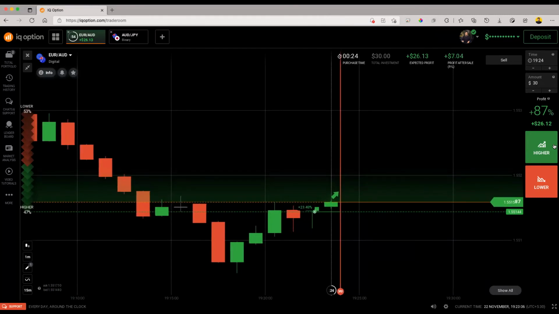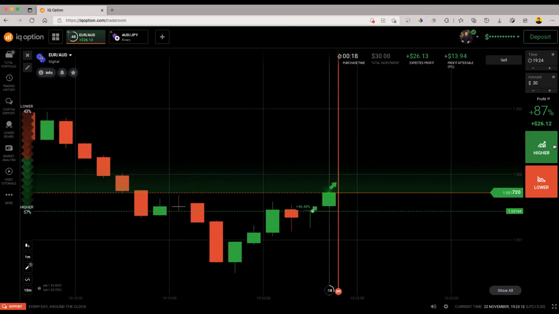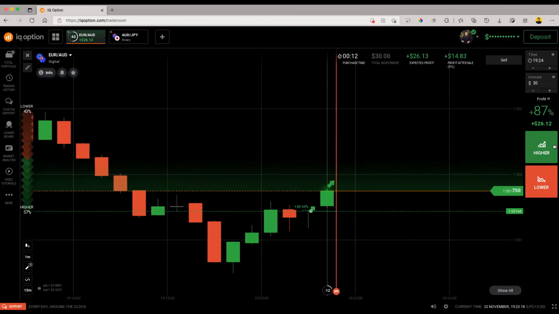Next candle is forming very good. 49 seconds are left, and we are having a strong entry of buyers. Let's hope we win this trade as well.